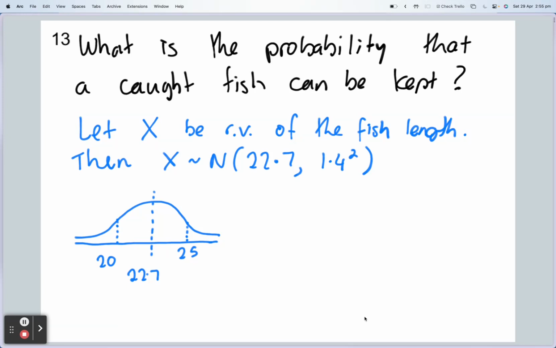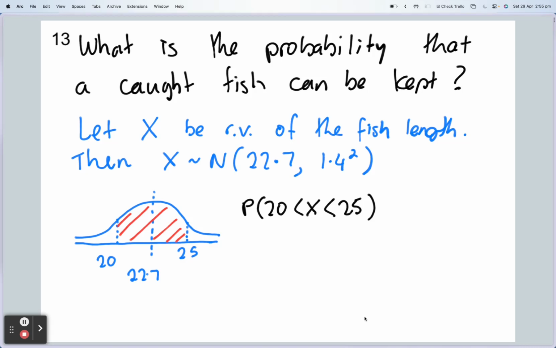And the area, the probability, is the area between those two values. So that's nice. We've got that written down nicely. And so we need to work out P such that 20 is less than X is less than 25. In other words, X is between 20 and 25. Well, that shouldn't be too dramatic to work out.